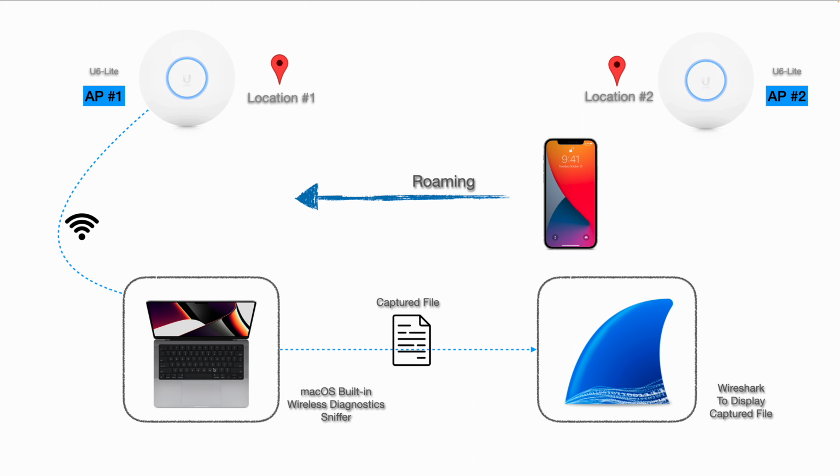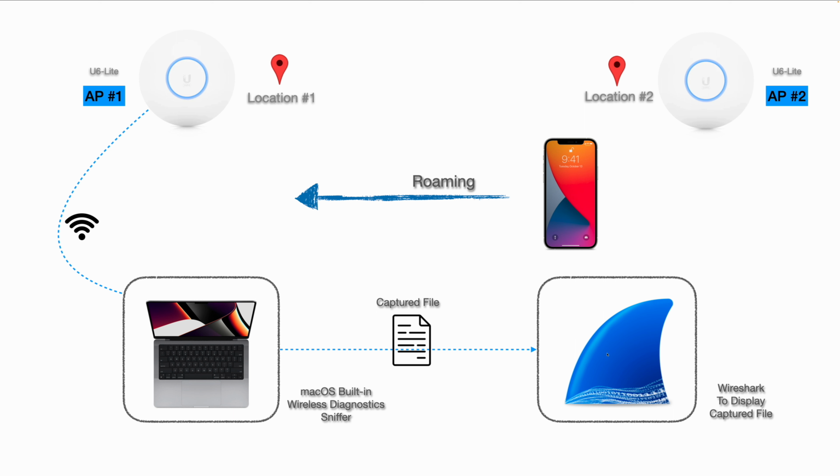I use a MacBook running a sniffer application just to sniff the Wi-Fi traffic for access point number 1. Then I use an iPhone. Initially it's connected to AP2. Then I walk to location 1 from location 2. So the iPhone is supposed to roam from AP2 to AP1, right? Then I capture the Wi-Fi packets. Later I display the captured information using Wireshark.